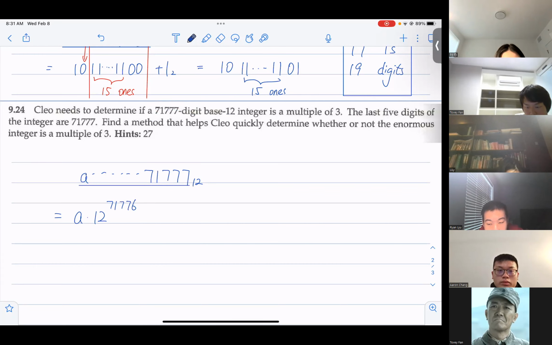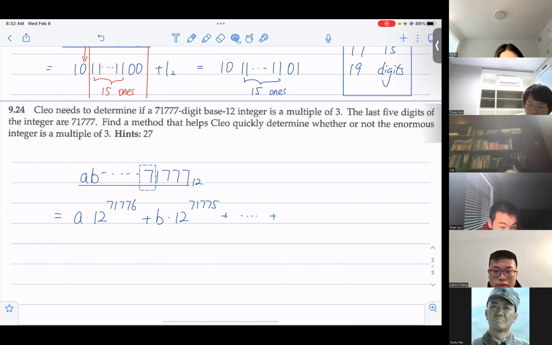Remember? Okay. And let's say the next digit is B. And that's going to be B times 12 to the power of 71,775, etc., right? You have 71,000 digits. So let's just skip all of them because we don't actually know their specific digits, right?